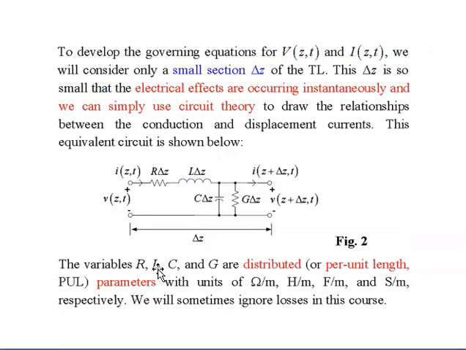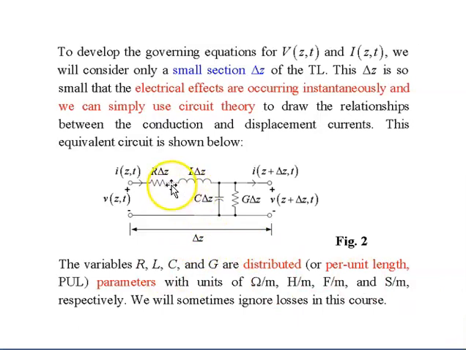Now we are going to consider only a small section, delta z, of the transmission line. This delta z is so small that the electrical effects occur instantaneously, and therefore we can simplify using circuit theory. This equivalent circuit is shown below in figure 2.